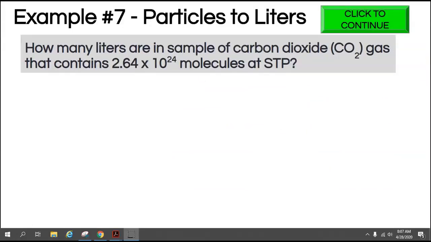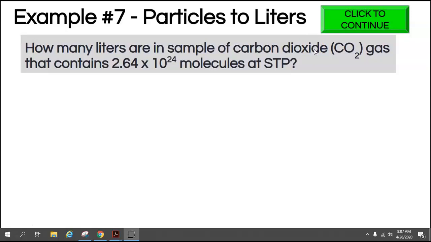For our next problem, we're going to be looking at converting molecules into liters of a gas. On this one, I have 2.64 times 10 to the 24th molecules of carbon dioxide, and I want to know how many liters that is.